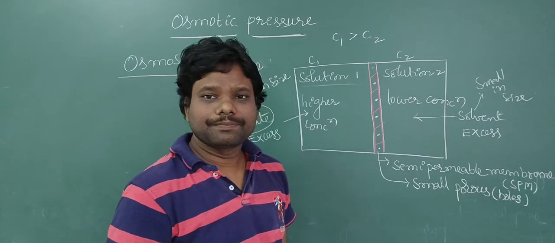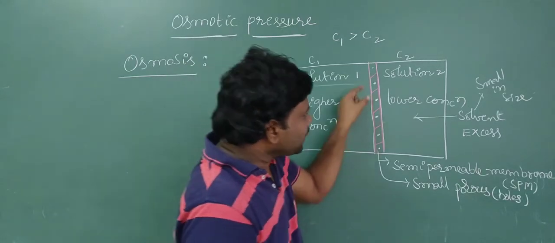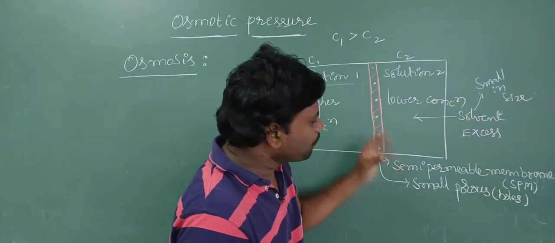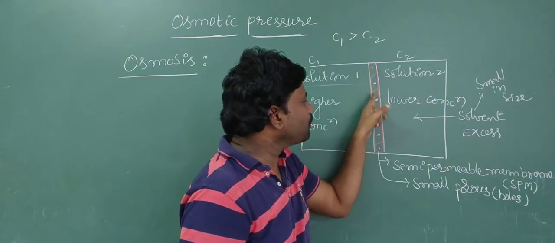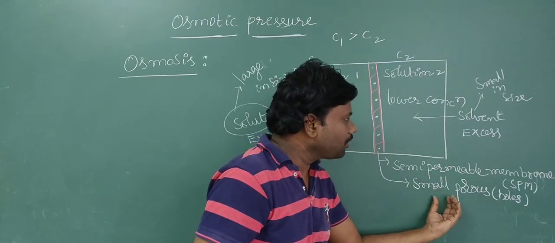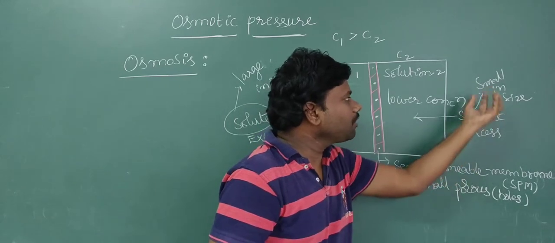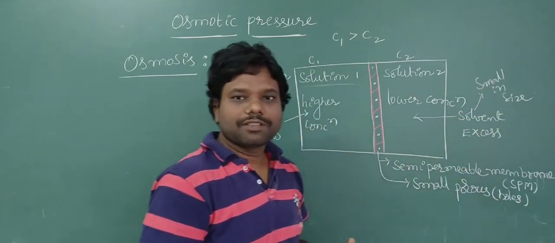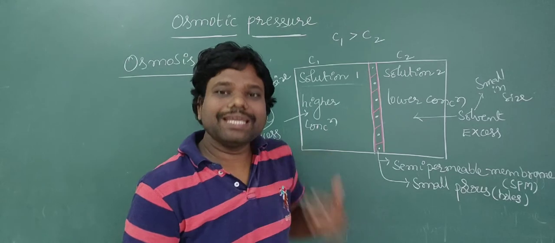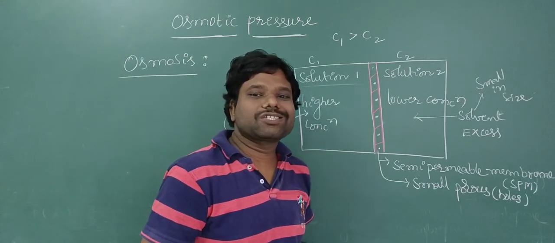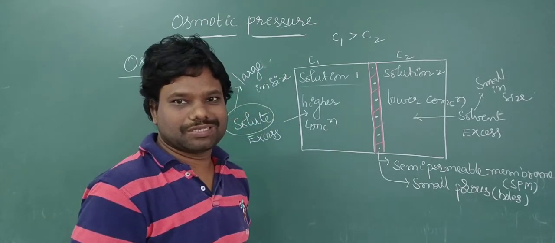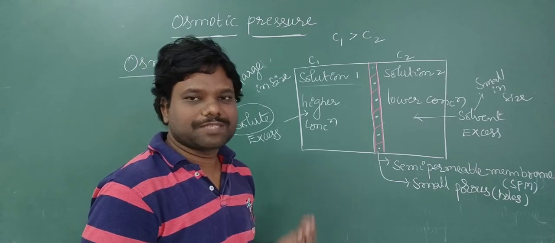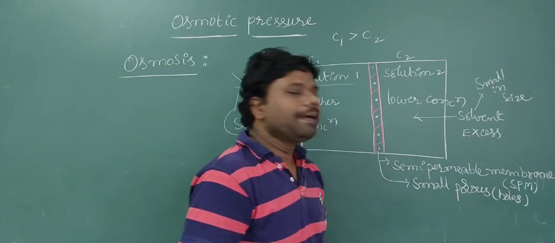Why? Because the size of the pores in the semi-permeable membrane is small, and the size of the solvent molecule is also small. That's why the membrane allows only solvent molecules, but does not allow solute molecules.